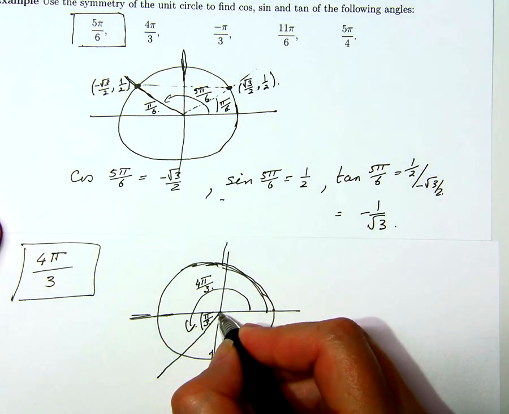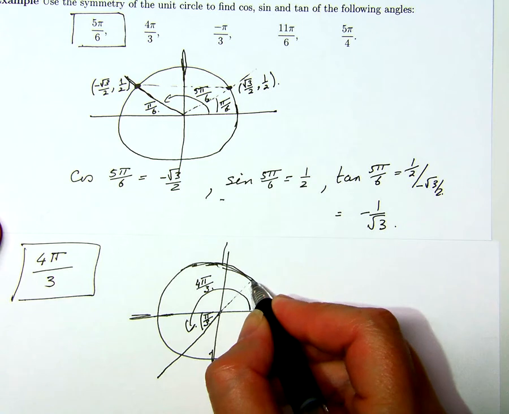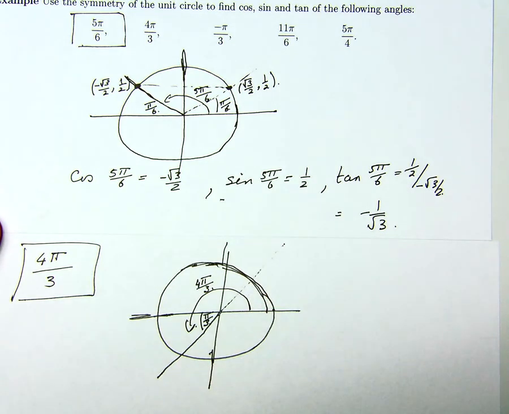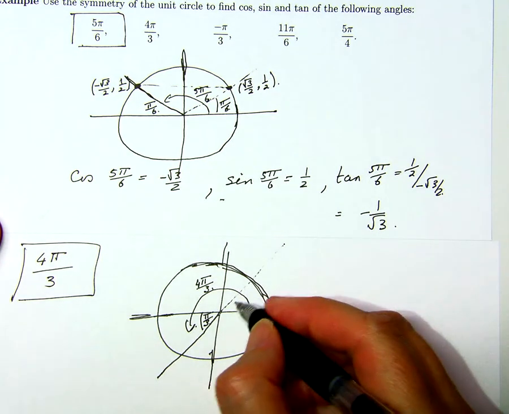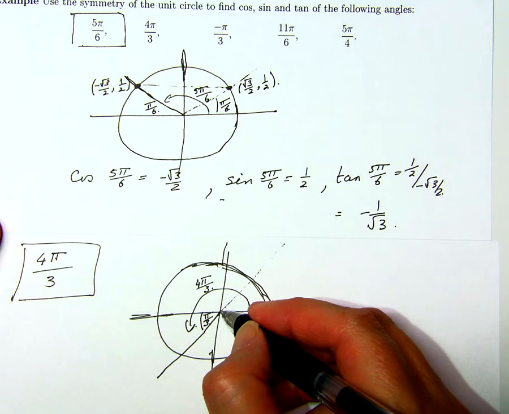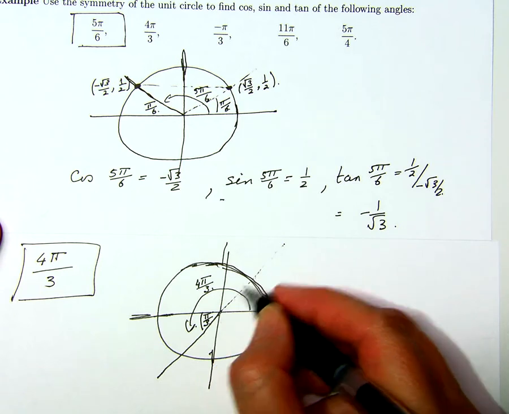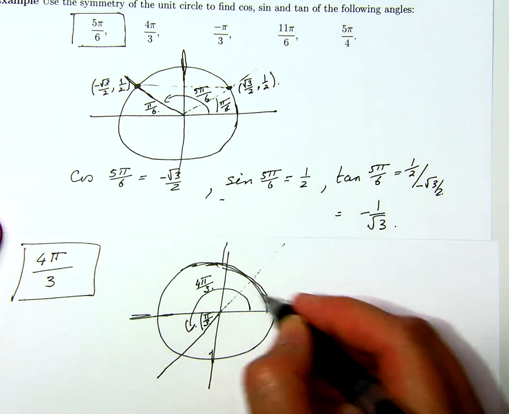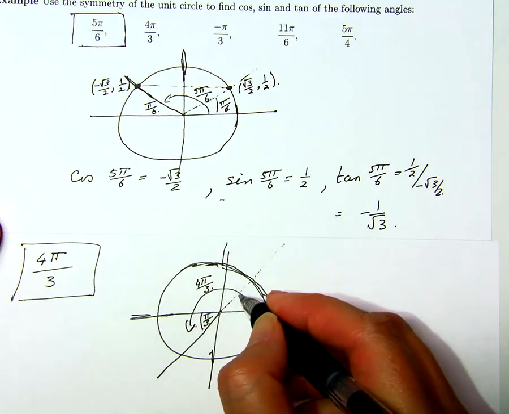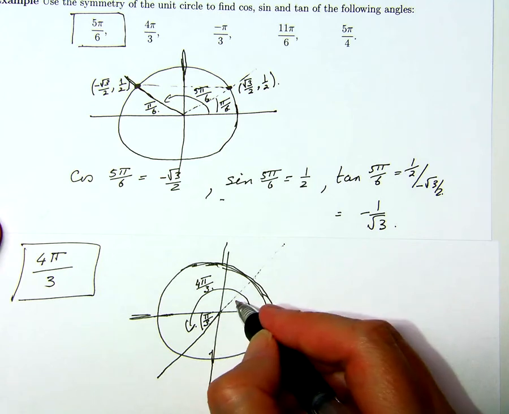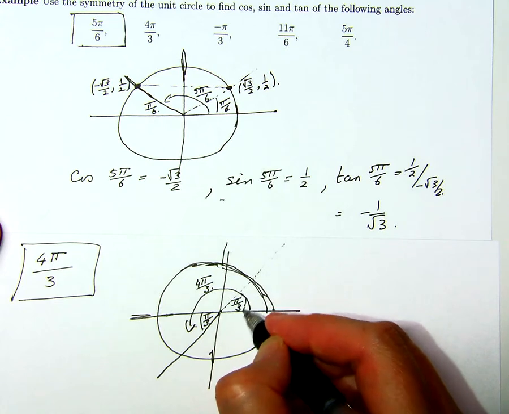And I'm going to extend this terminal side to a line passing through the origin, and that gives me a ray joining the origin to the unit circle in the first quadrant. And the angle this ray makes with the positive x-axis is the reflection of this angle pi over 3 in the origin. So this angle here is pi over 3.